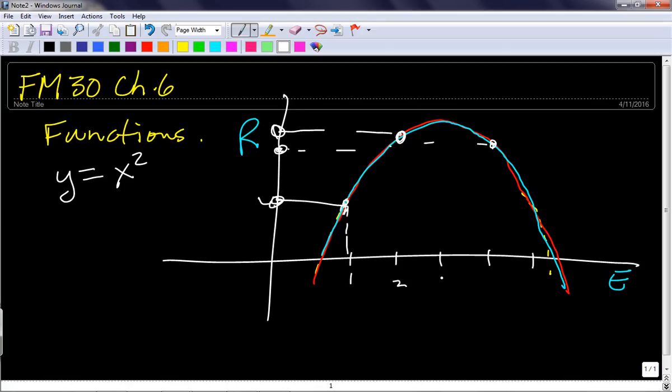So this is an example of using math and a graph to say, if this graph does indeed represent the number of employees I have to my revenue, it looks like if I employ 3 employees, or somewhere thereabouts, then I am going to make the maximum amount of money that I can make with my business. And so that's the way that you can use a graph to make judgments or decisions.